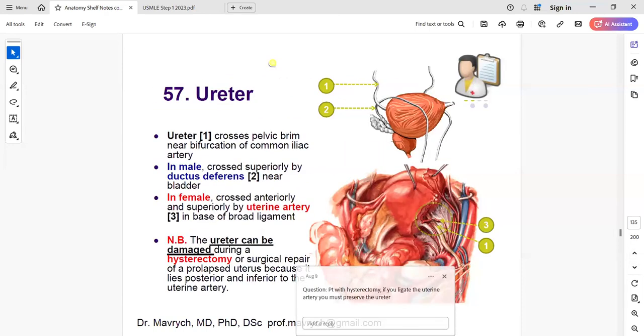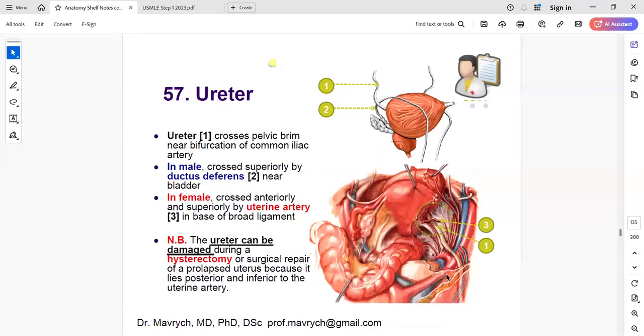Okay, for some reason, ureter is one of the favorite parts of the USMLE question pool. They love to question about ureter. I don't know why, but it's something that they do like to question about. So, there's three places which are the most commonly constricted parts of the ureter.